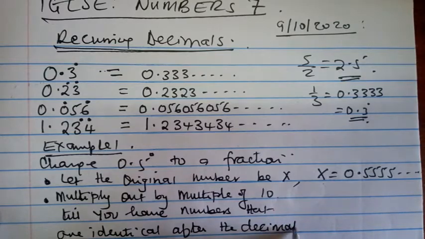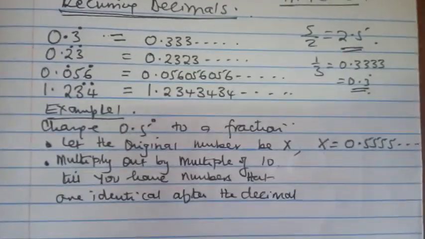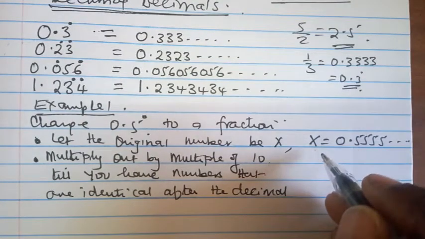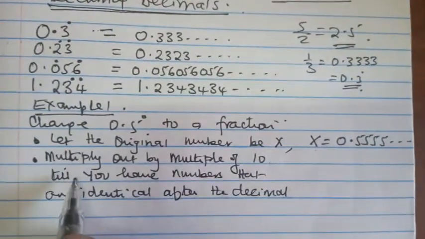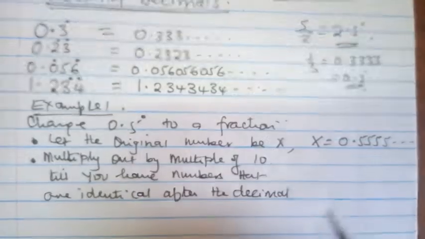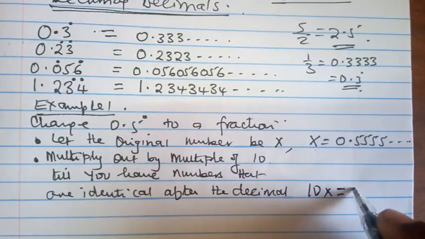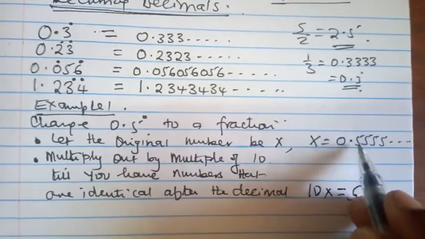They have to be identical after the decimal. I will explain this. If you do this according to this explanation, you're going to have 10x is going to be 5.555 and moving forward, because we multiply by 10.